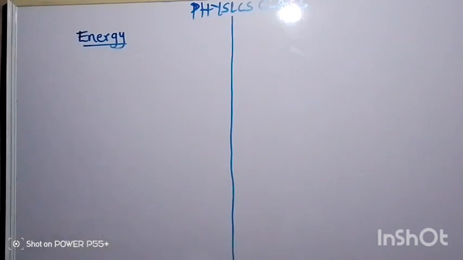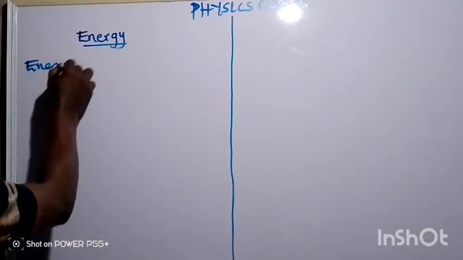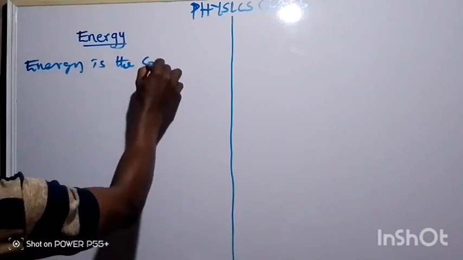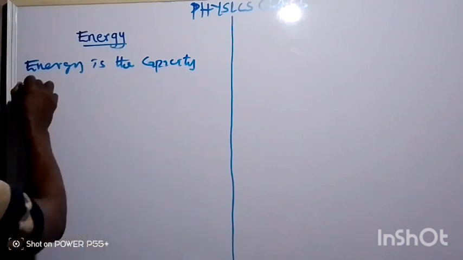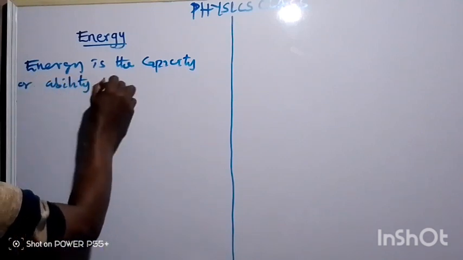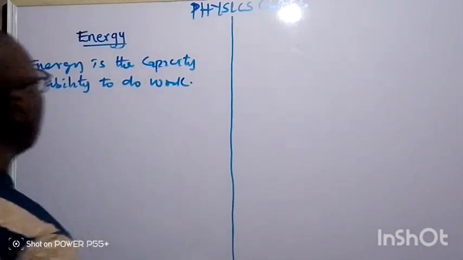And what is energy? Energy can be simply defined as the ability or capacity to do work. Energy is the capacity or ability to do work.